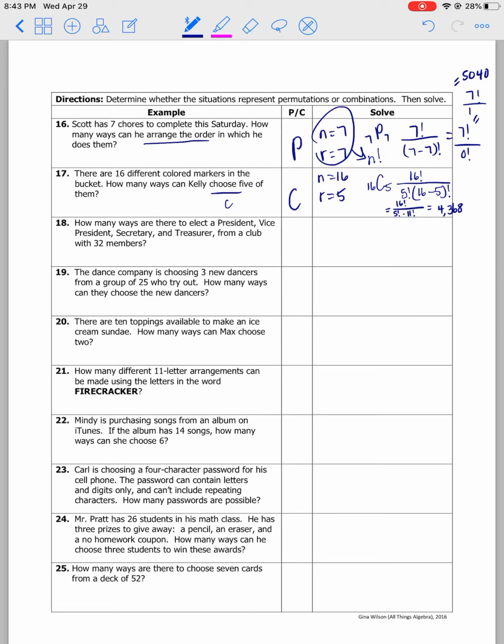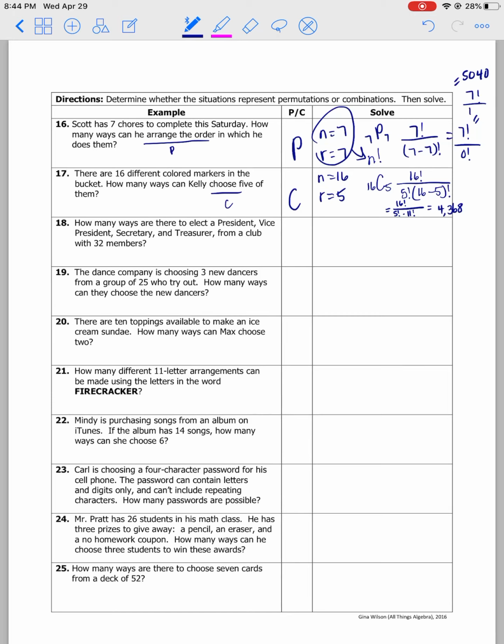All right. Number 18, how many ways are there to elect a president, vice president, secretary, and treasurer from a club with 32 members? So this one doesn't have any of our indicators in it, like 16 had arrange, 17 had choose. Elect, let's go ahead and add that to our list.